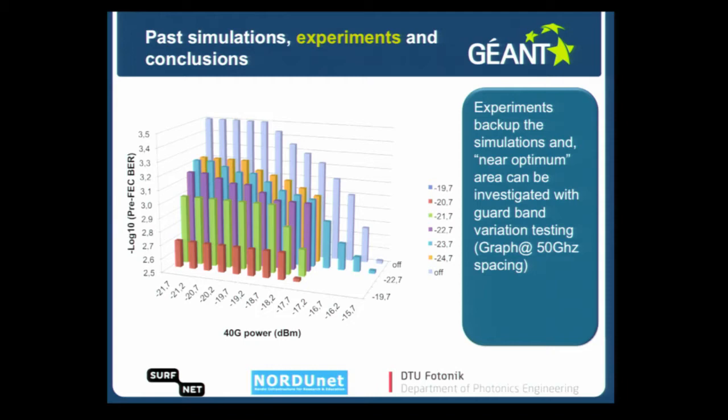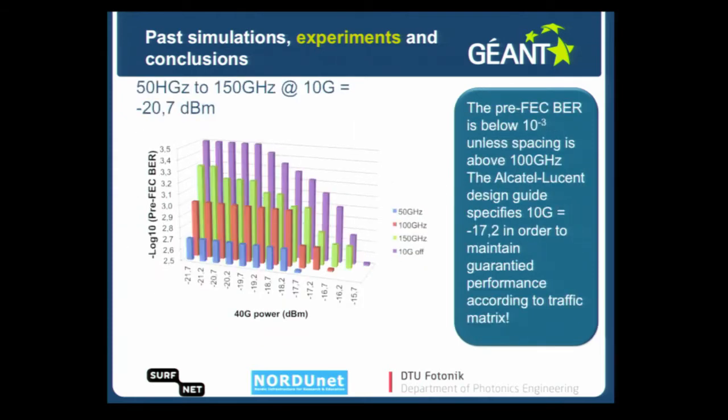So that was a problem. But anyway, we could see that the near optimum area was evident here, and aiming for instance at 10 to the minus third bit error rate would give us that, which would be this point.